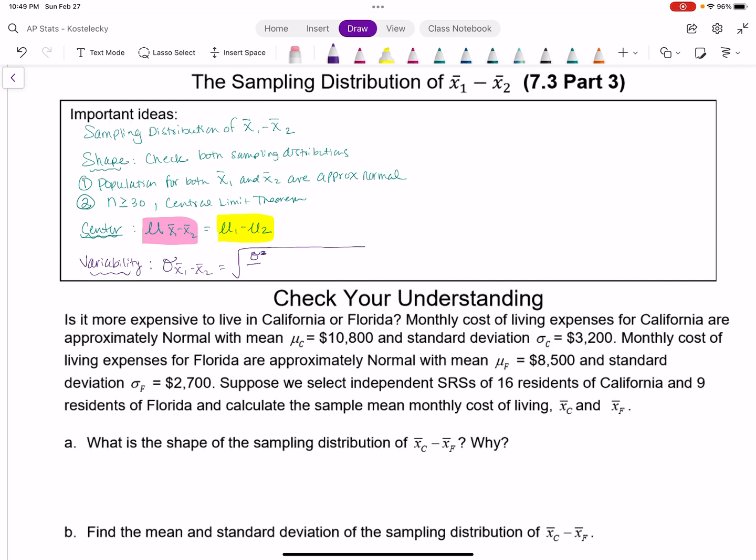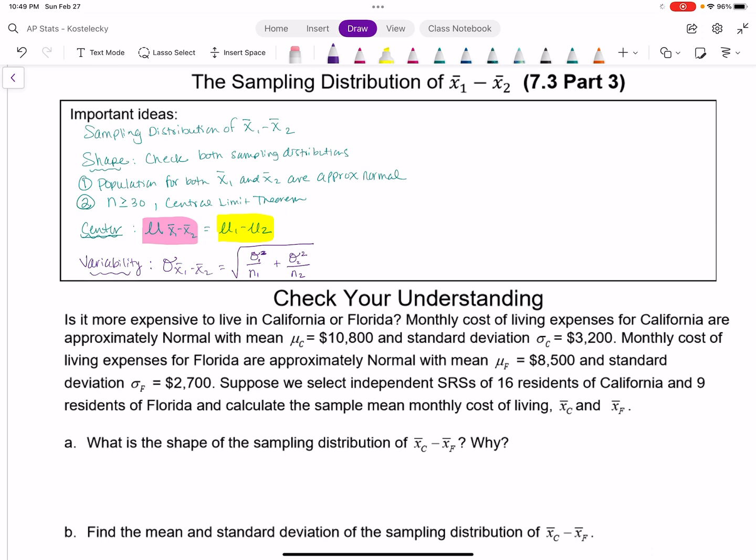It's going to be the standard deviation squared all over n, and this would be coming from the first sample, so we're going to use ones, plus the standard deviation squared of your second sample all over n2. And I made that line ridiculously big, so let's change that a little bit. There we go. Okay, so there's your formula.